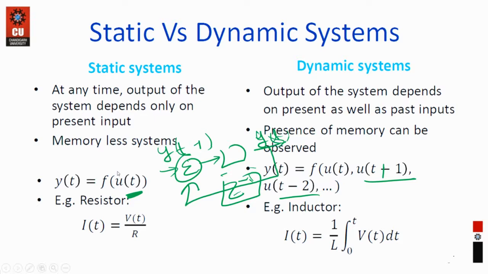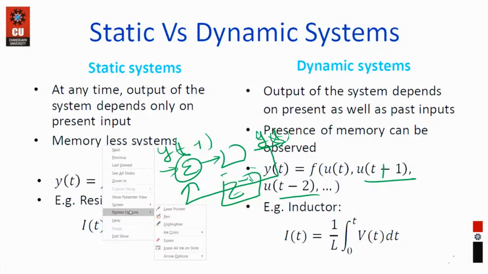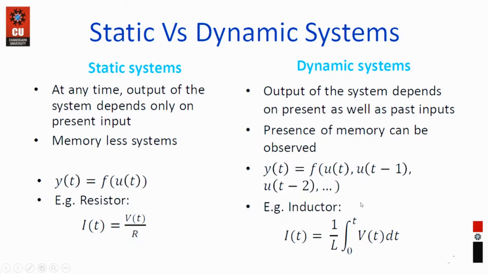So anything which depends upon present only is static, and anything which depends upon the future or past is a dynamic system. For example, a resistor is static, but an inductor or capacitor, you know about the RC constant, has the property of saving some values. So they are examples of a dynamic system.